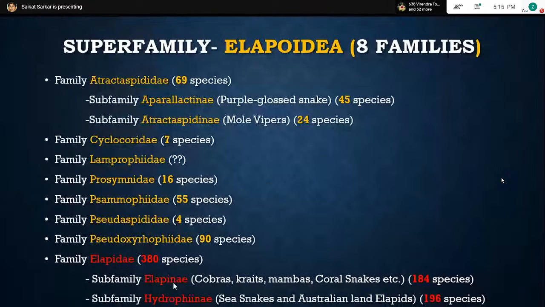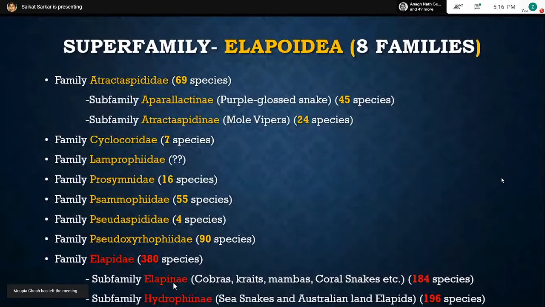Hydrophines can be terrestrial, and there are Hydrophines who are sea snakes. There is a group which is called sea snakes. All of them are obviously aquatic and marine. They love marine water. They stay in marine water, leaving two or three exceptions.